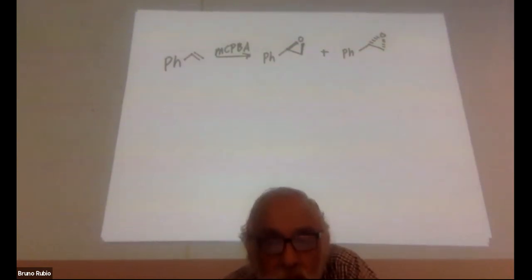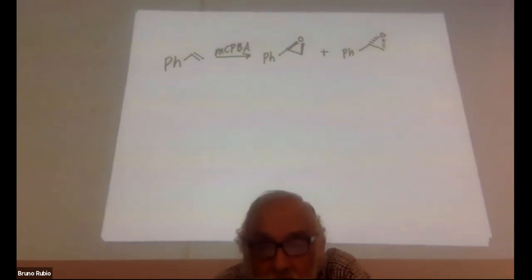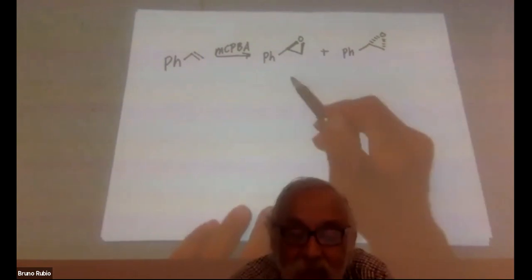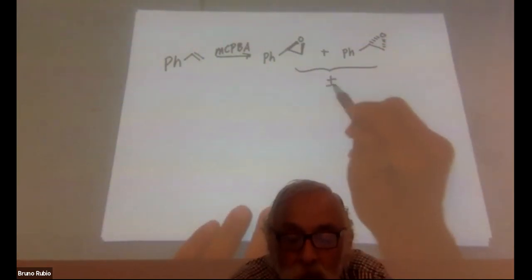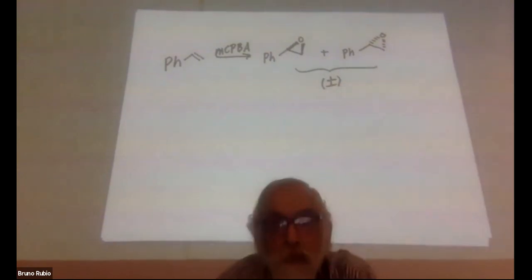Okay, so tell me in the chat, how are these two molecules related? Are they constitutional isomers? Are they stereoisomers? How are they related? This is something you should have learned in Orgo 1. Yeah, these are enantiomers. They're non-superimposable mirror images, so I get a racemic mixture.